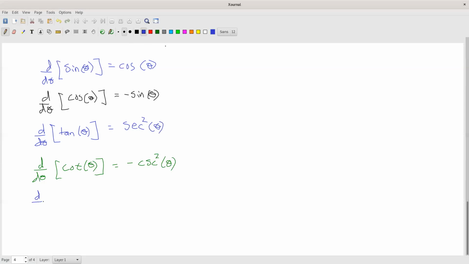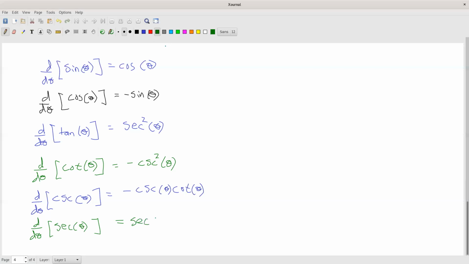We just figured out that the derivative of the cosecant is the negative cosecant theta times cotangent of theta. And similarly, the derivative of the secant is equal to the secant times the tangent.